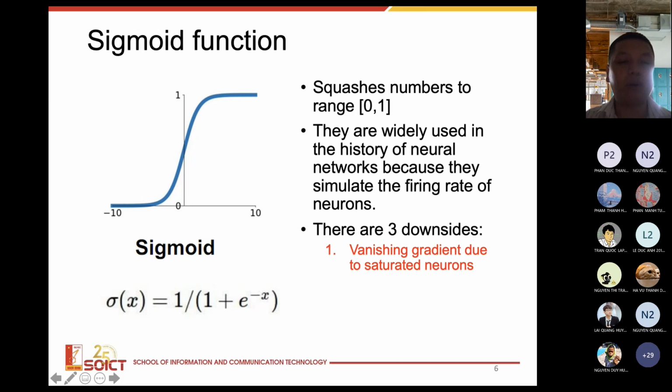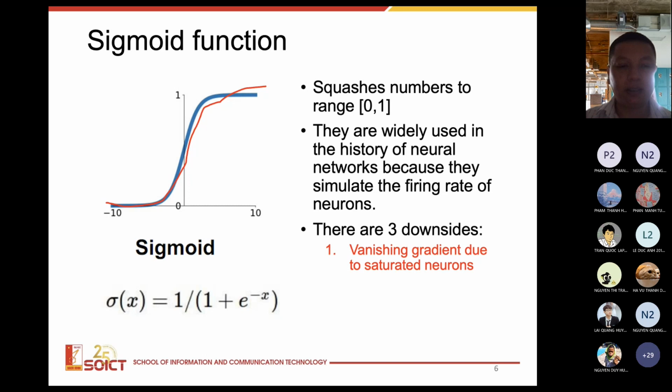For any input from negative infinity to positive infinity, we have an output in the range of 0 to 1. In the past, the sigmoid function was widely used with neural networks because it simulates the firing rate of a neuron, right?